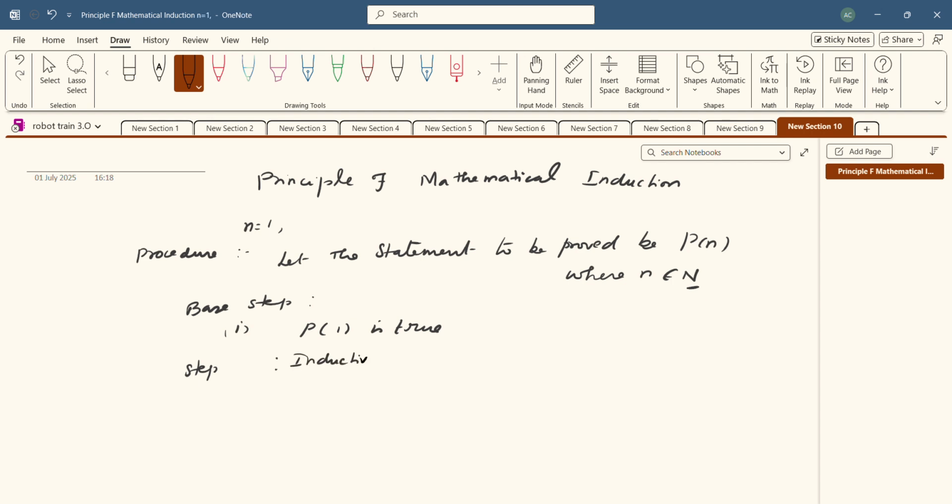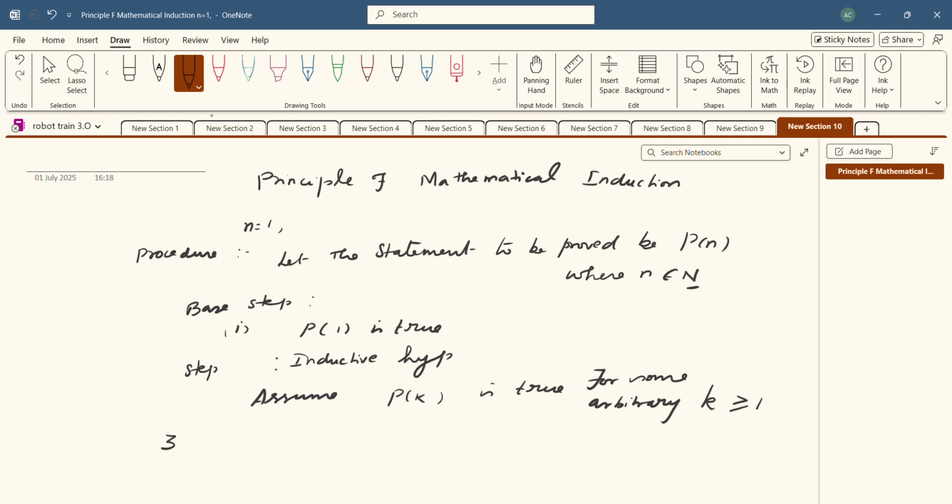Here we assume P of k is true for some arbitrary value of k greater than or equal to 1.